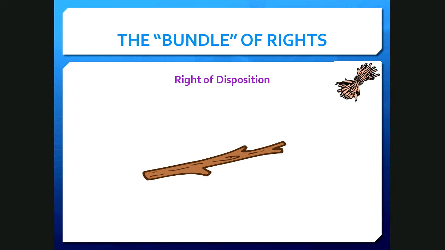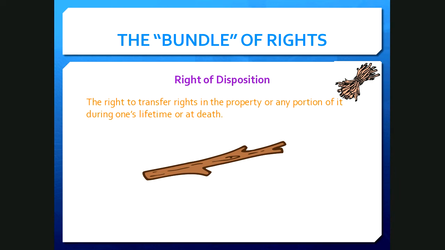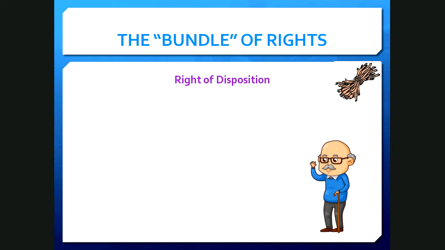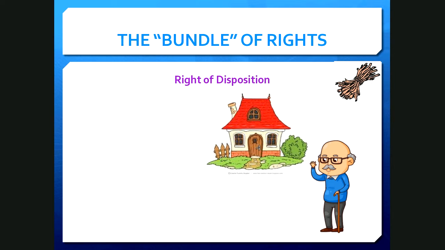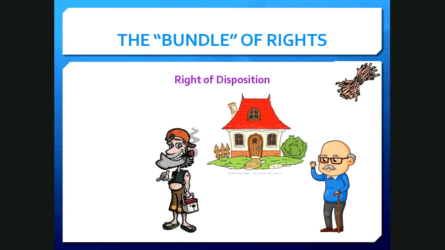So this is the right to transfer your ownership interest in the property or a portion of it during your lifetime or at death. So let's say we have Old Man Jones, and he has a little cottage. He also has a deadbeat son that would rather fish and drink beer than get a job.